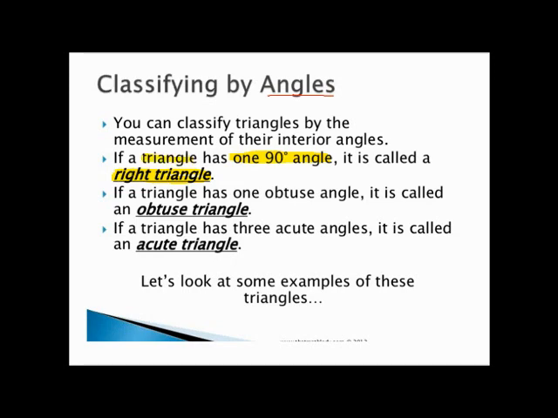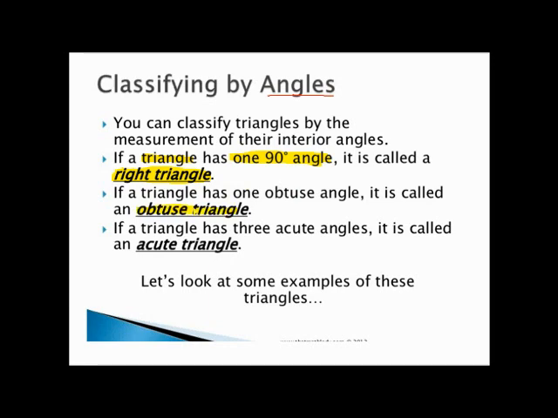So a triangle, in order to call it a right triangle, must have one 90-degree angle. I don't care about the rest. The rest will be any other number. Maybe they be 20, maybe 30, 40, whatever. I care that if I see only one angle having 90 degrees, I will name it a right triangle.